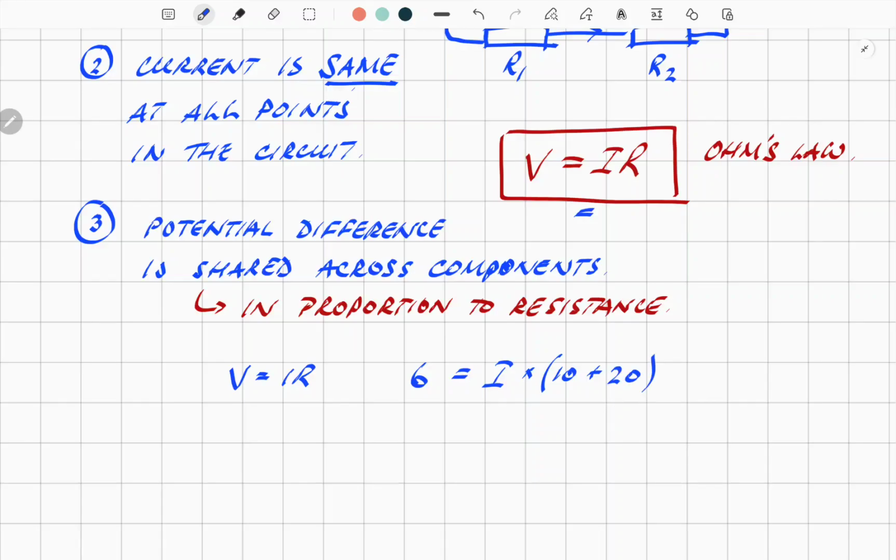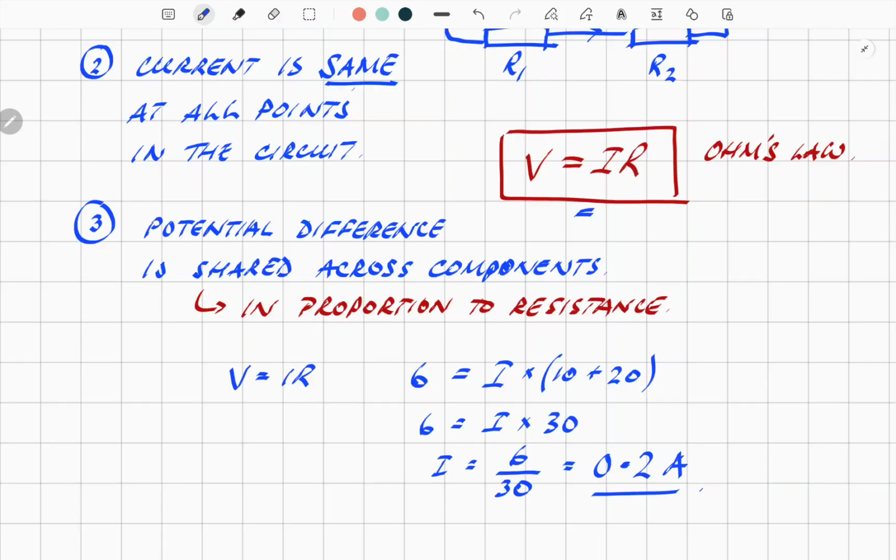All right? So effectively 30. All right? Yeah. Rearranging that, we've got current is 6 volts divided by 30 ohms, and that's 0.2 amps.